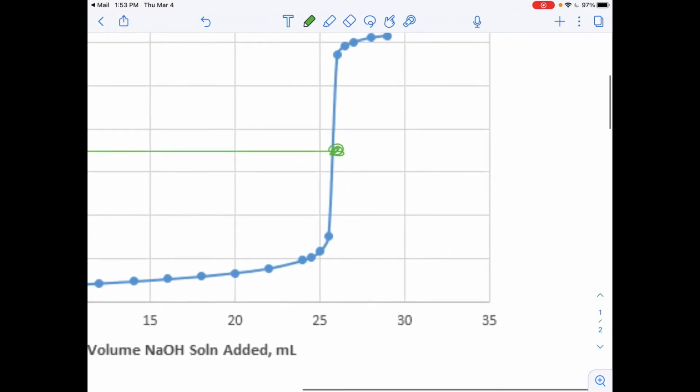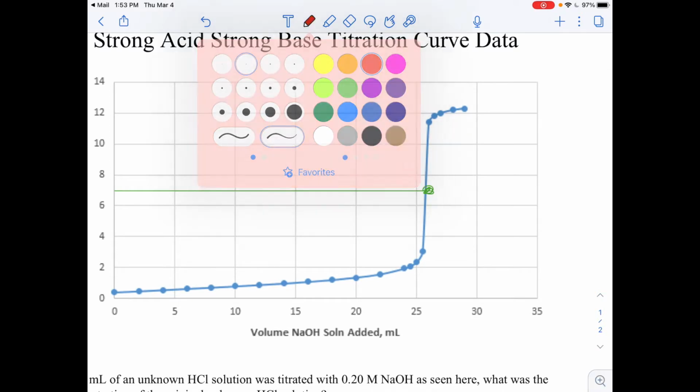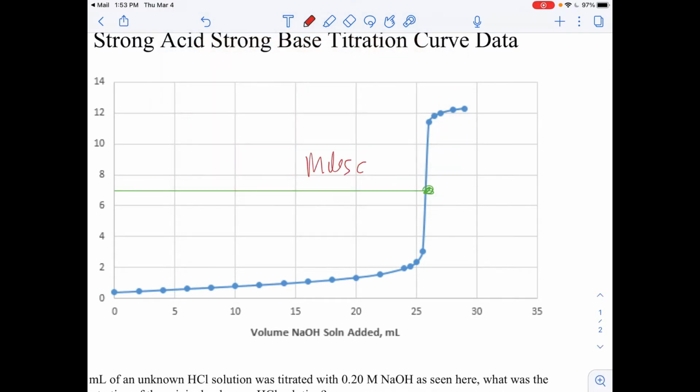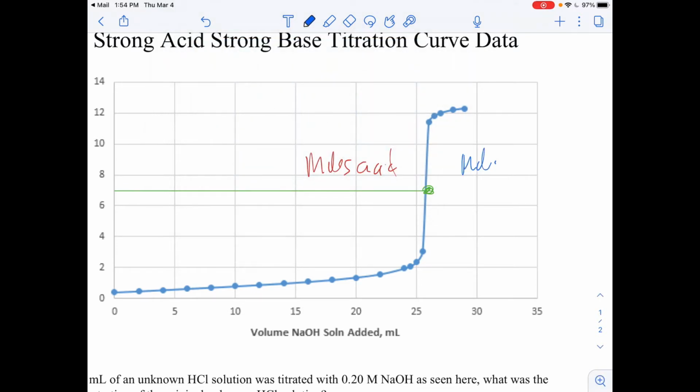The whole idea of that point is that the moles of the acid and the moles of the base are equal to each other at that point. So at that point, the moles of the acid and the moles of the base are equal.